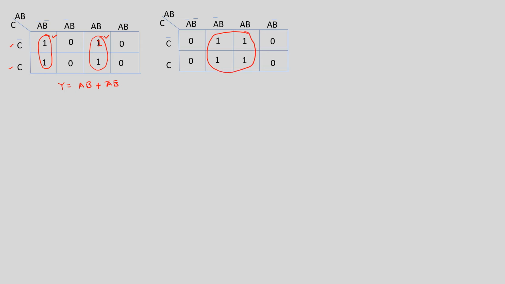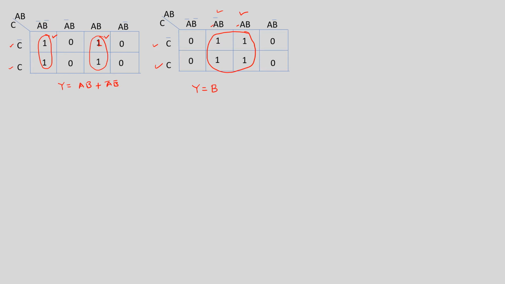Y is equal to, now see these ones, they are in these two columns and they are in these two rows. So C is changing, so C will be removed, and here A bar is becoming A, so A is also removed. So A and C are removed, so only remaining variable is B. So answer for this K-map is B.